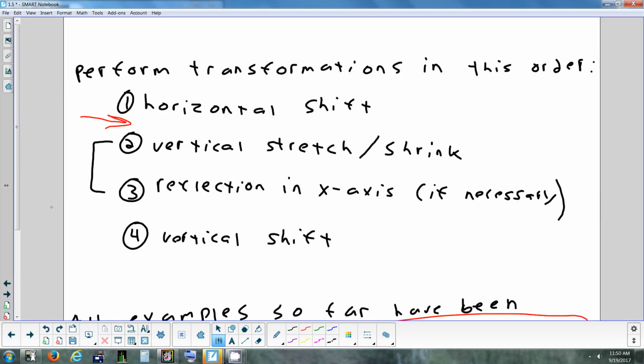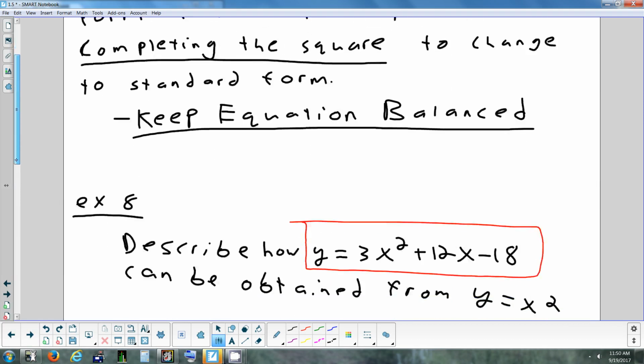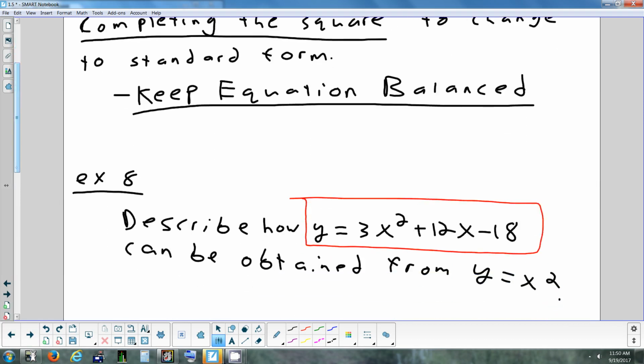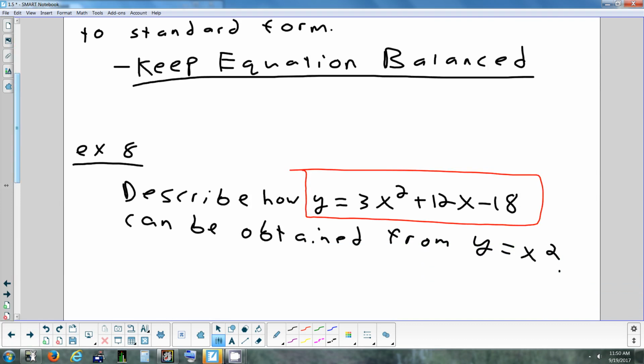Does anybody remember seeing the term completing the square before? Usually people remember it, but not exactly how to do it. Does anyone remember how to do it? I'll tell you the steps, and then we'll do it on this problem.